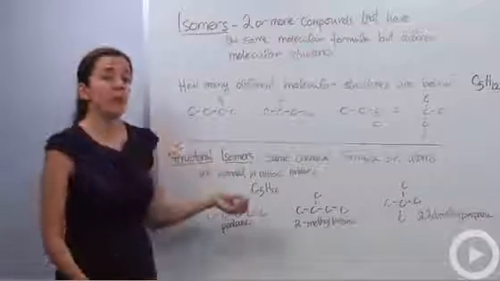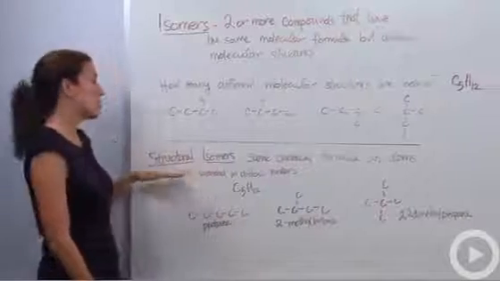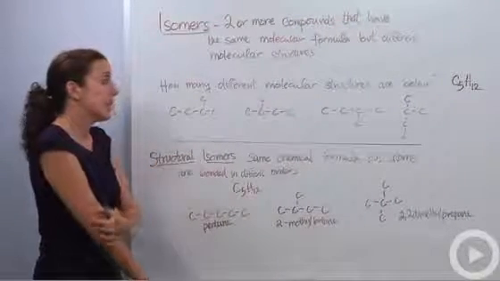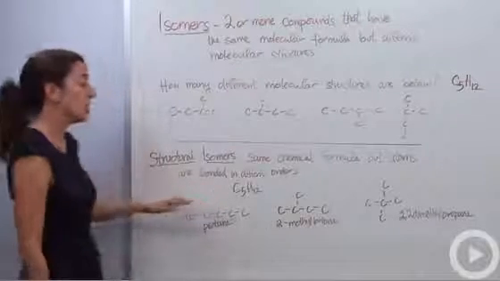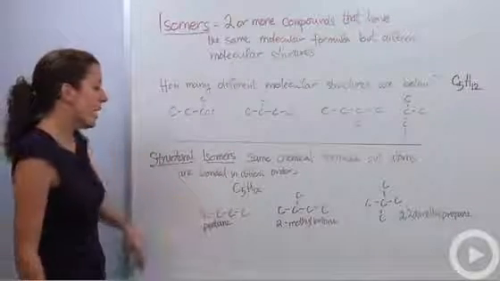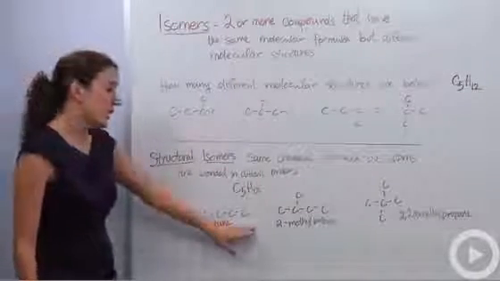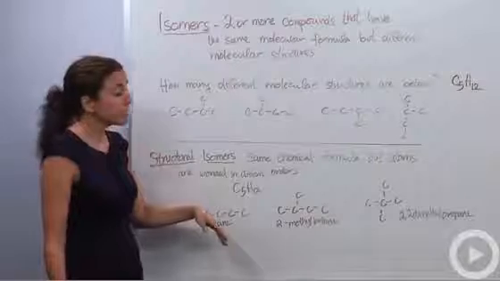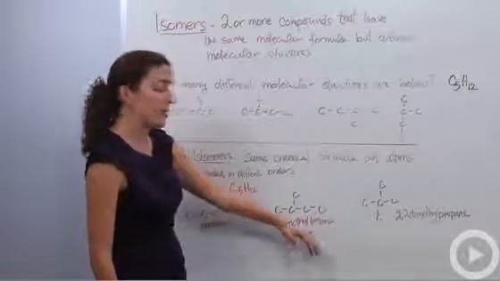So let's talk about the three main isomers that you're probably going to see. The first one you're definitely going to see are structural isomers. These are the same chemical formula, but atoms are bonded in different orders. This is probably the one you're going to see in class most often. So we have C5H12, and there are different ways we can write it. We can write it as a straight carbon chain, and that's pentane. We can write it as a carbon chain with a branched methyl group, and that's 2-methylbutane.